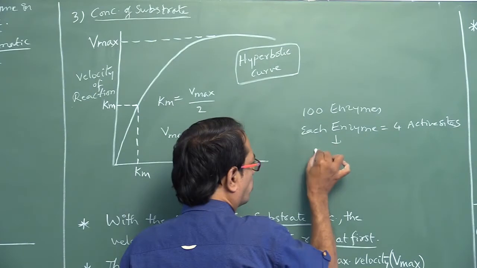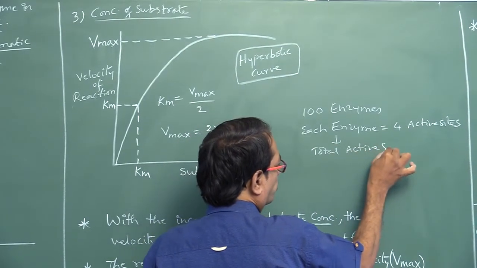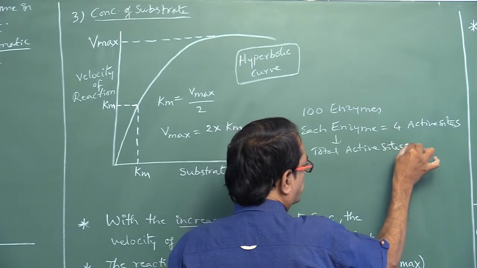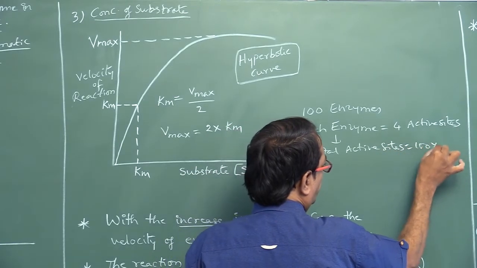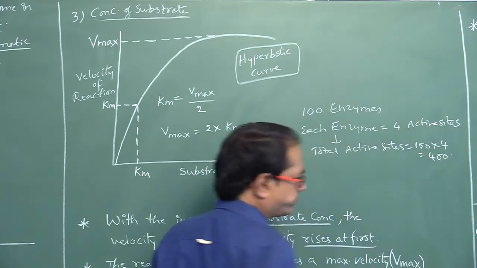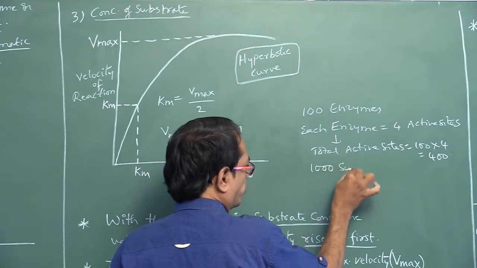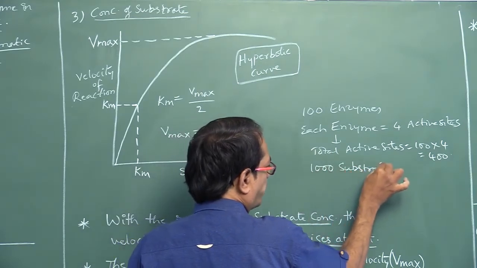Then the total active sites are 100 into 4, which is equal to 400. Substrates, 1000 substrates given.